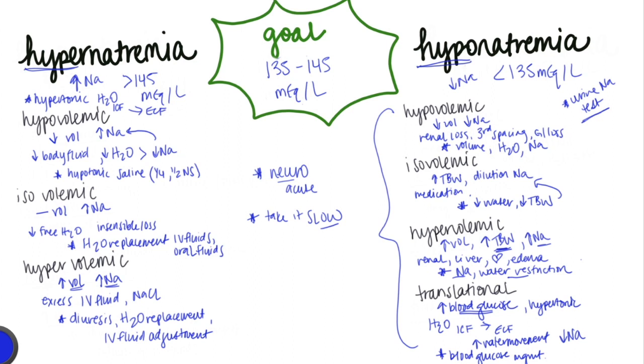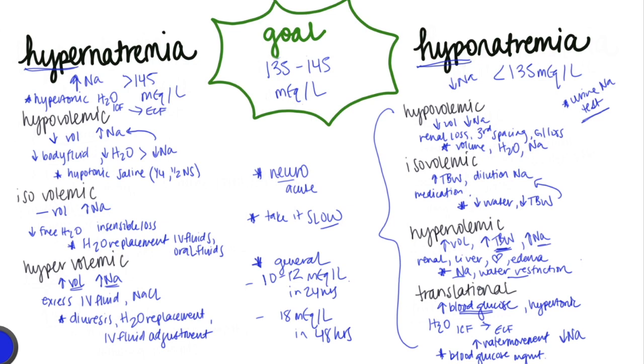quickly. So at least in terms of repletion, there's some general guidelines that you do not want to exceed 10 to 12 milliequivalents per liter in 24 hours. And you also don't want to exceed 18 milliequivalents per liter in the first 48 hours.